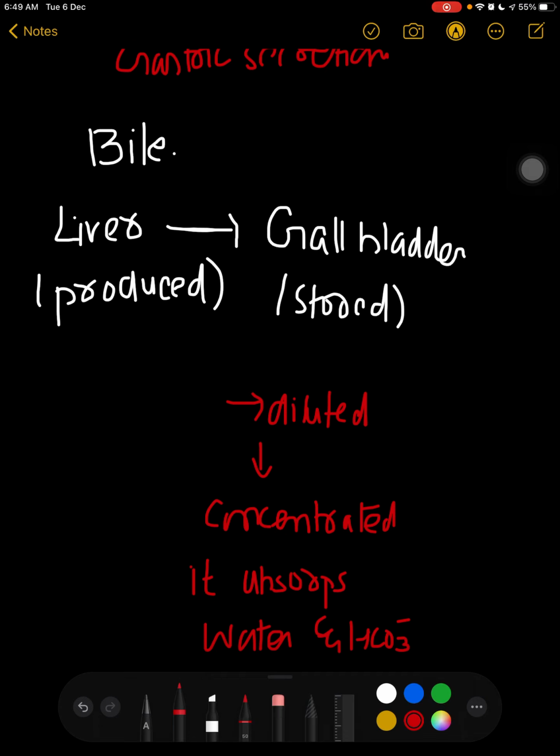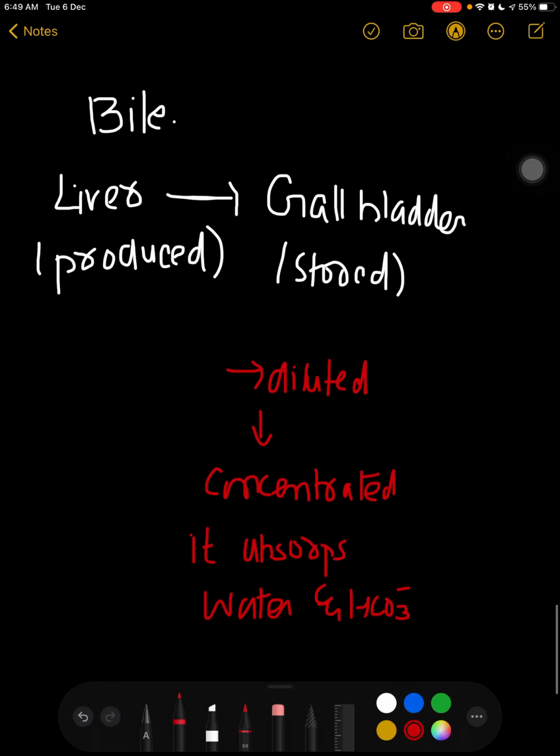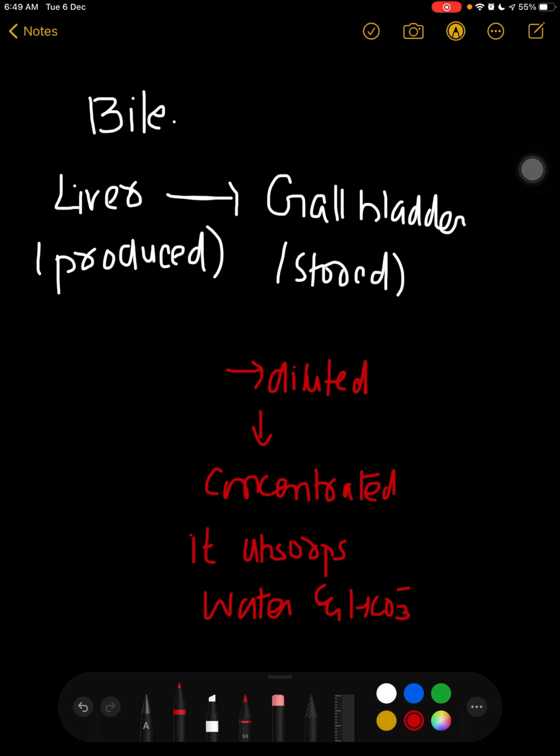So in the gallbladder the bile is stored temporarily and gets concentrated, and then the gallbladder is stimulated by CCK, cholecystokinin, and releases bile through the common bile duct, and from the main duct, the Wirsung duct, it is released into the duodenum. We will talk about this whole system in my next video, right?